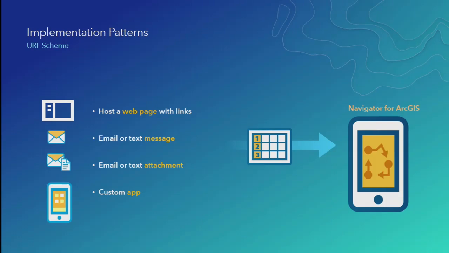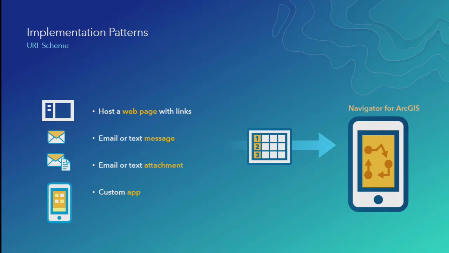So what are the options for deploying that URL scheme and app link? These are some common patterns that we've seen taking place at customer and organization sites. Some host their own web page, so they format their stops in the URL scheme, and they put them on a web page.